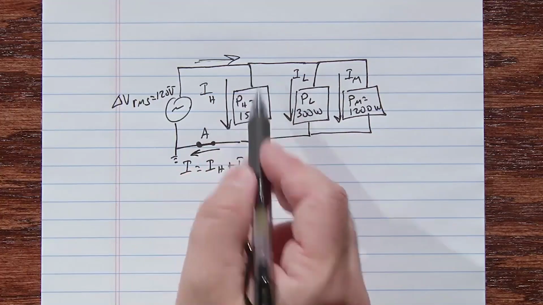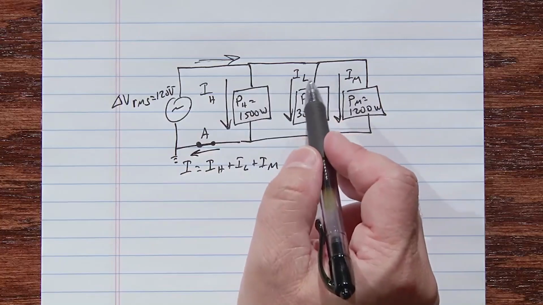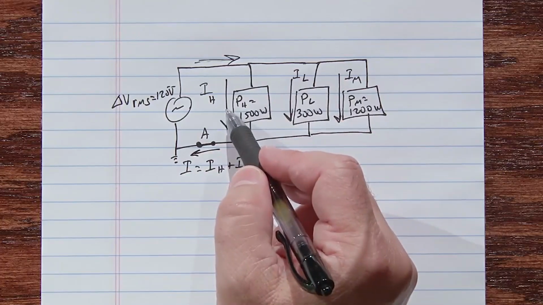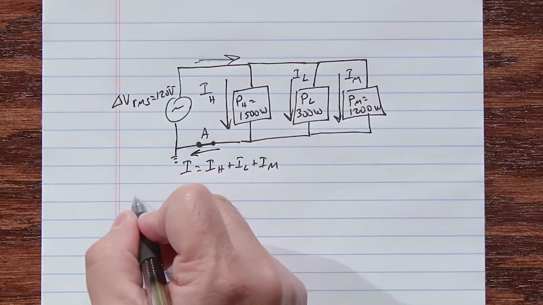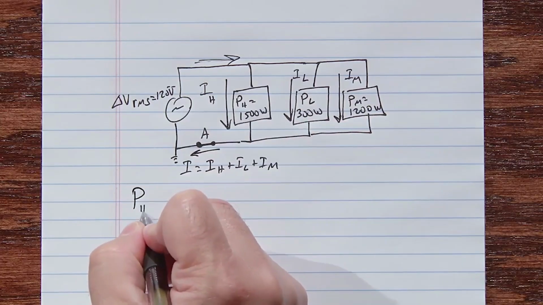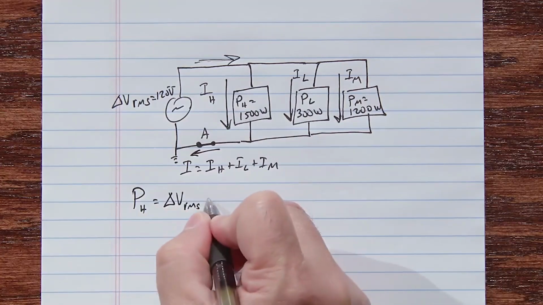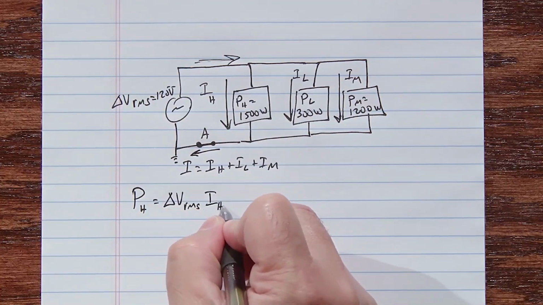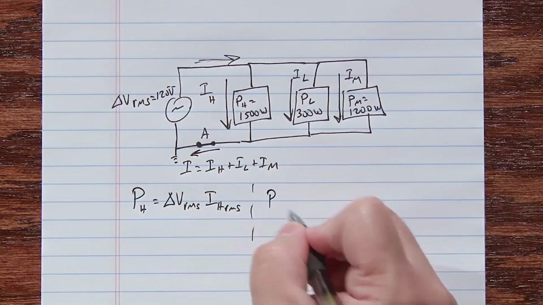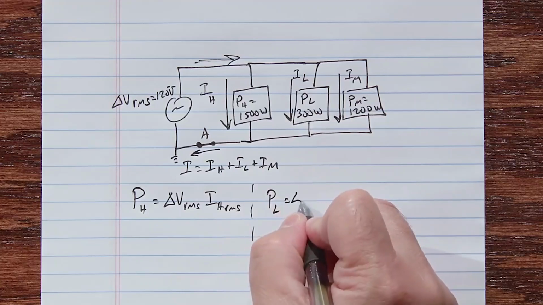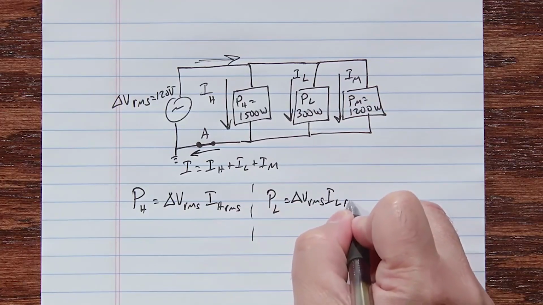Well, we know delta V across both of these, and we are looking for the current, and we know the power. We know delta V and we know the power, so we can use the relationship: the power of the heater is equal to delta V RMS times I heater RMS. And the power to the lamp is equal to delta V RMS times I lamp RMS.